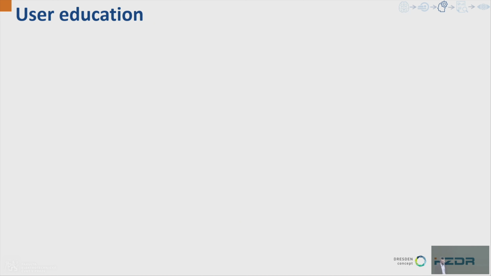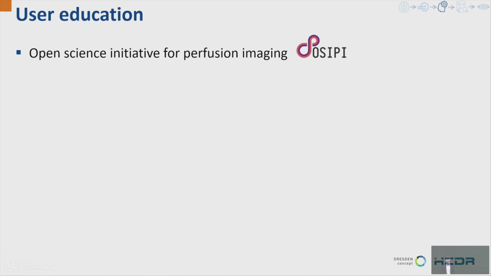Now, as I was saying, a second issue is also the lack of training. For that, the Open Science Initiative for Perfusion Imaging was created to help educate users of sequences for perfusion imaging, and also to give them wider access to tools for processing them.